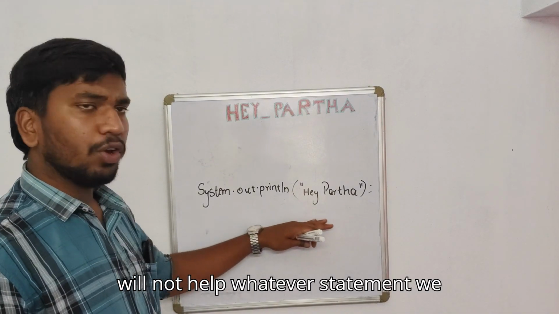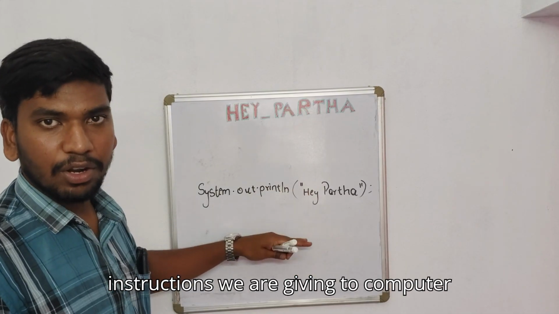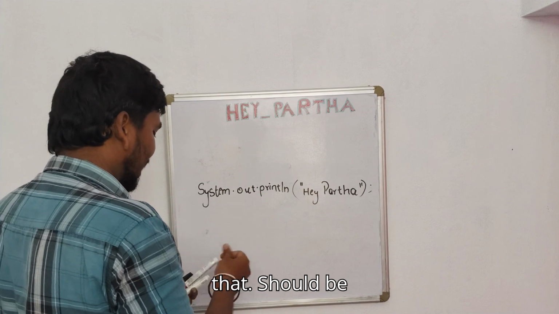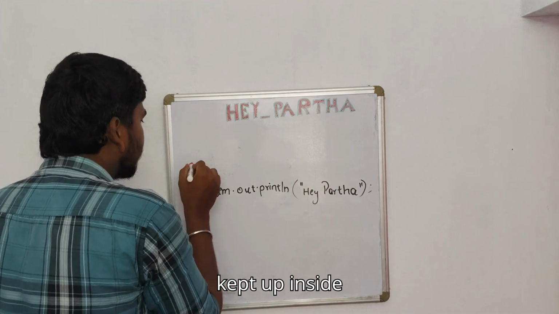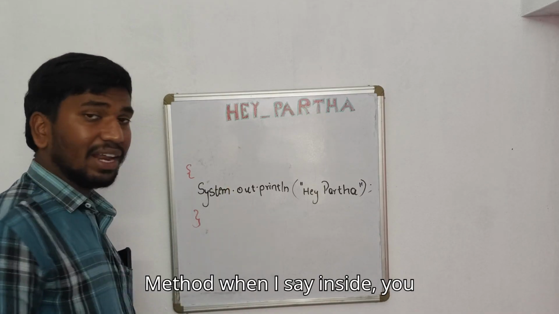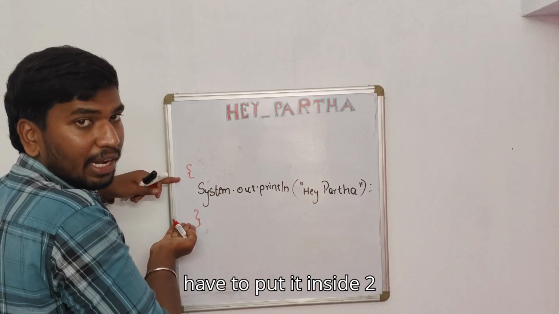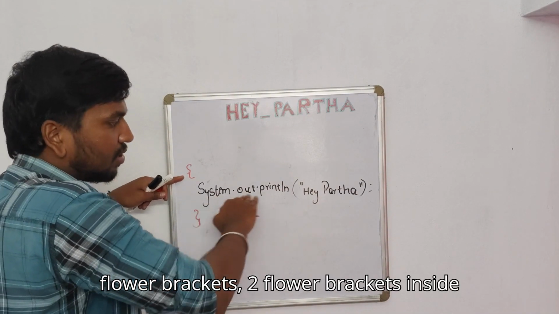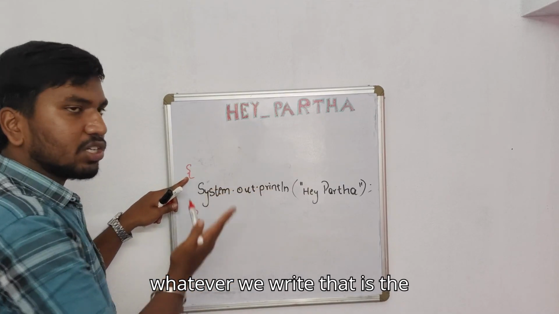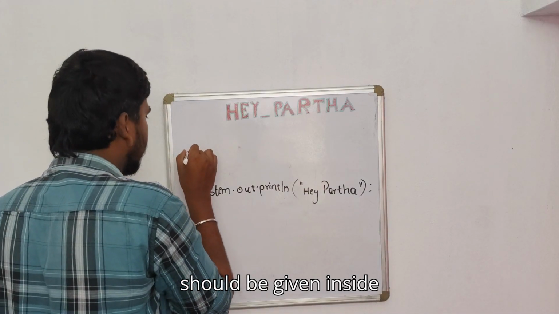Whatever statement we are going to print, or whatever instructions we are giving to the computer, should be kept inside one method. When I say inside, you have to put it inside two flower brackets. Whatever we write inside the two flower brackets is the instruction. So all the instructions should be given inside one method.